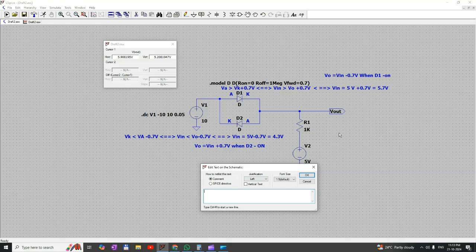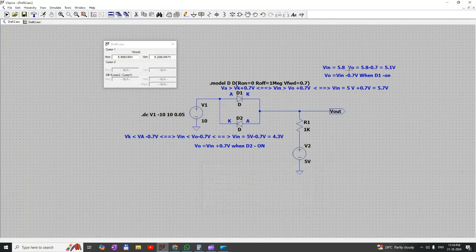For example, we'll see here, when V in is 5.8 volt, V out is 5.8 volt minus 0.7 volt, total equal to 5.1 volt.